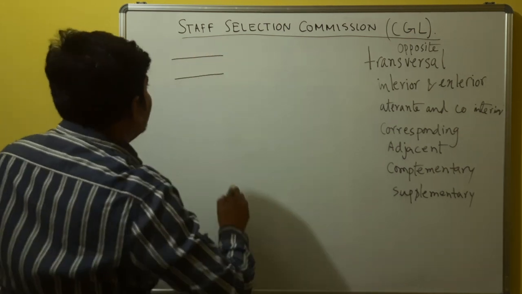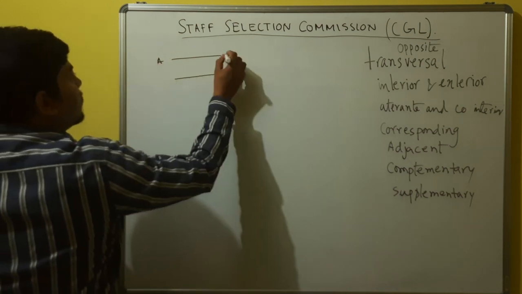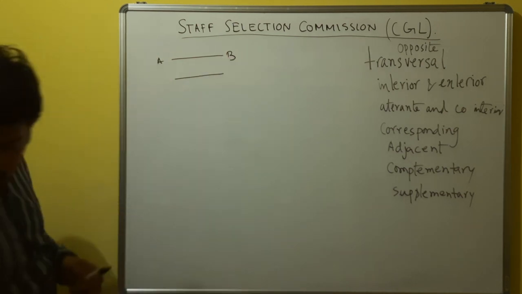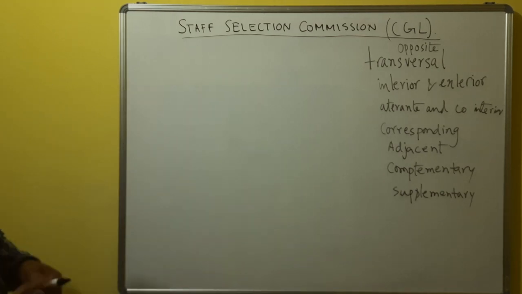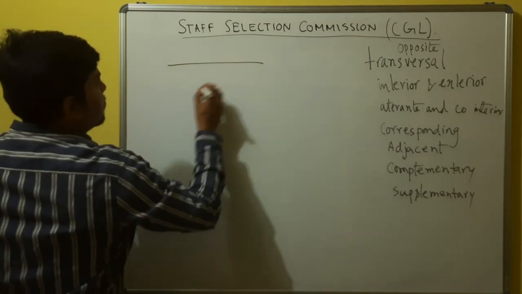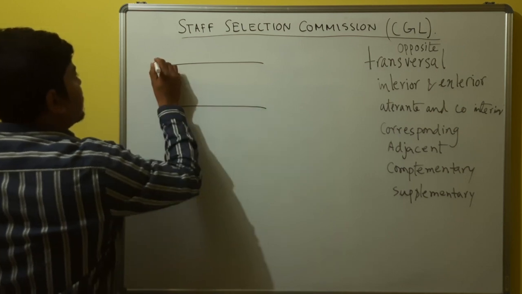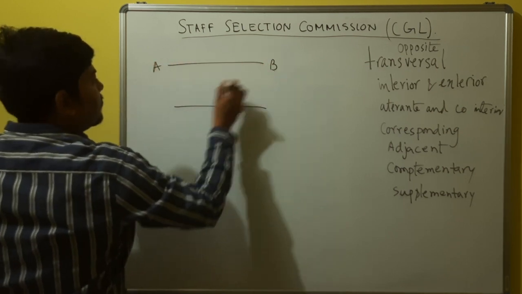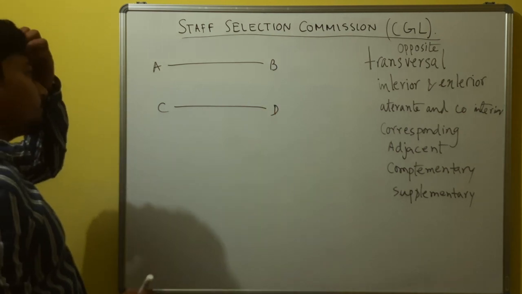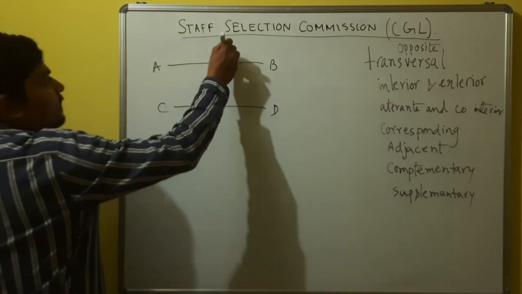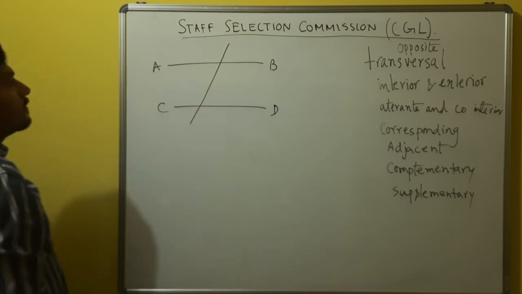Now these two parallel lines I call them AB and CD. Let me draw the picture bigger. There is another line which cuts both the lines.